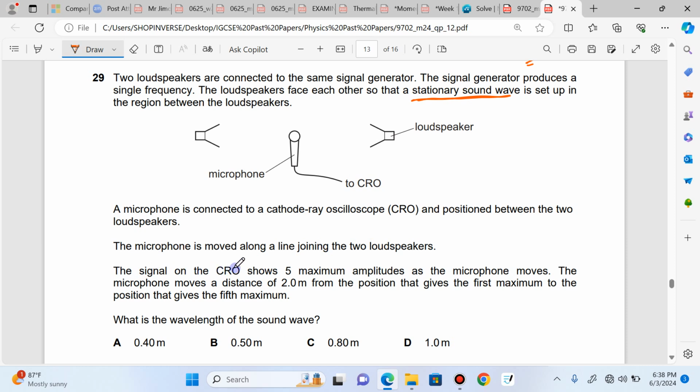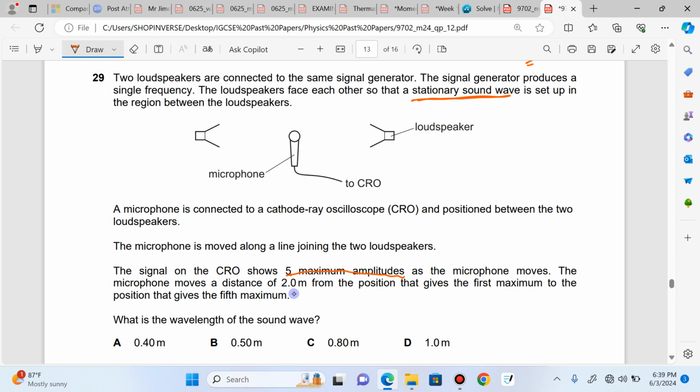The signal on the cathode ray oscilloscope shows 5 maximum amplitudes as the microphone moves. The microphone moves a distance of 2 meters from the position that gives the first maximum to the position that gives the fifth maximum.